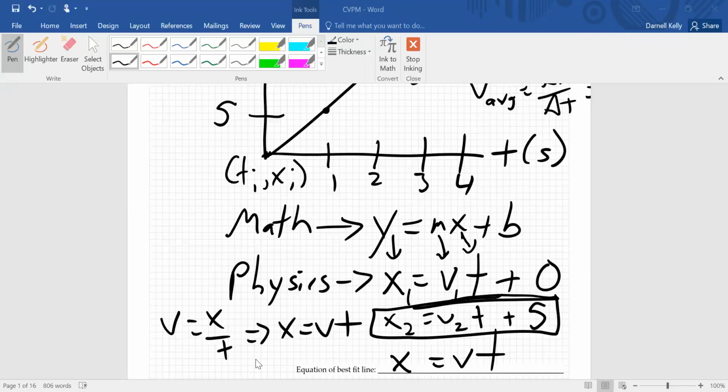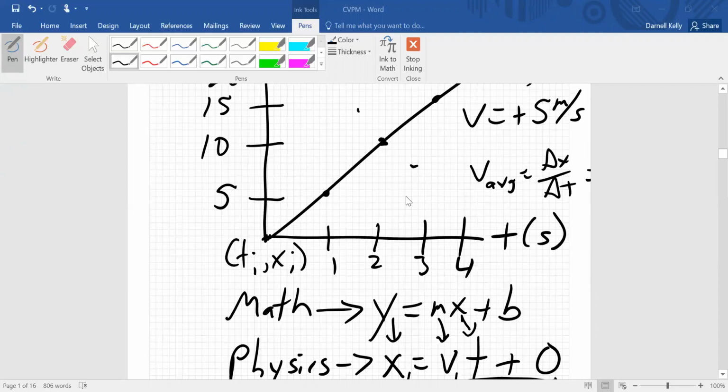Still constant. I just had a larger slope, or a larger initial speed, and my average is going to be greater than this average here.